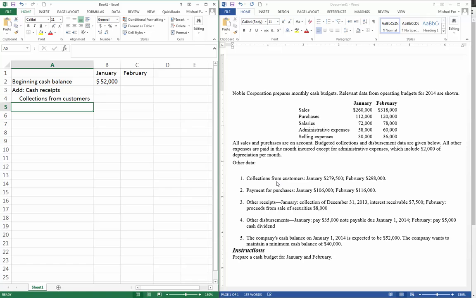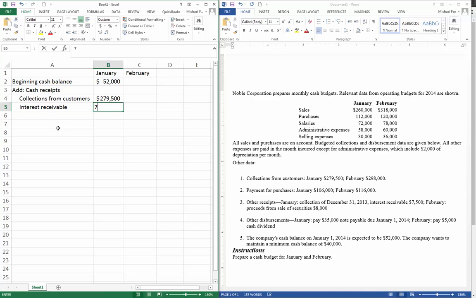It says collections from customers we expect to be $279,500 in January. Let's see. Other receipts. Looks like we have some interest receivable of $7,500.